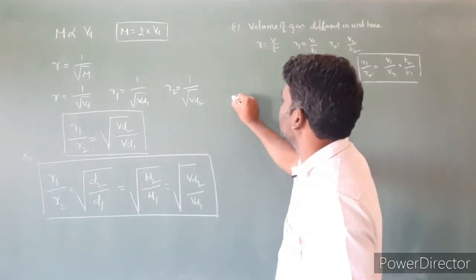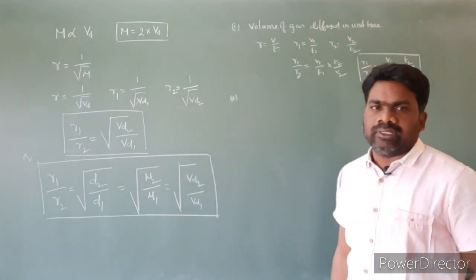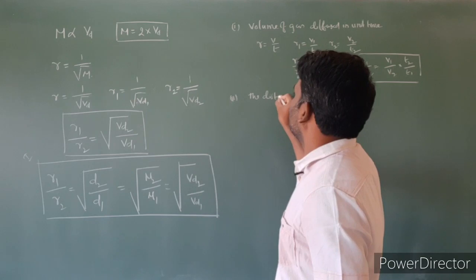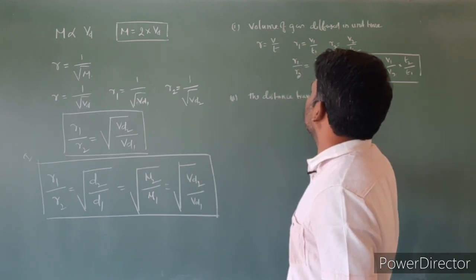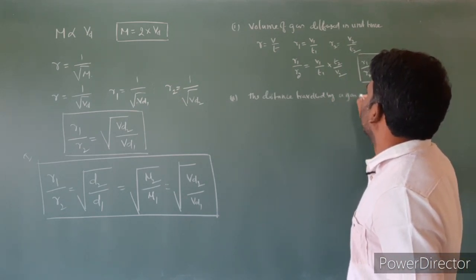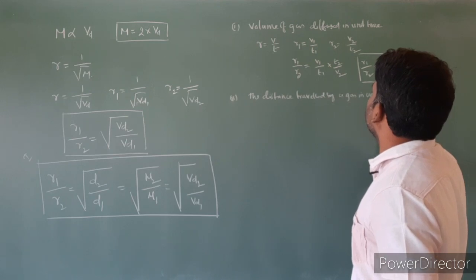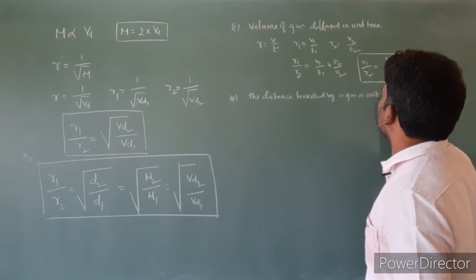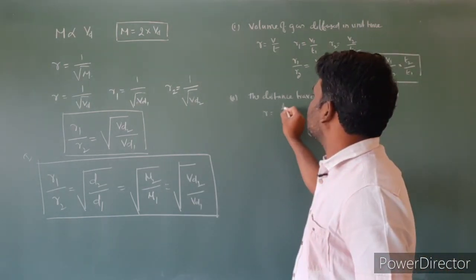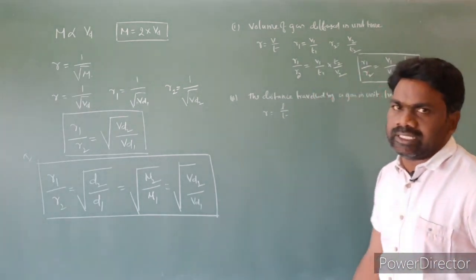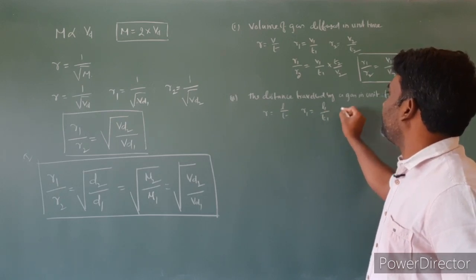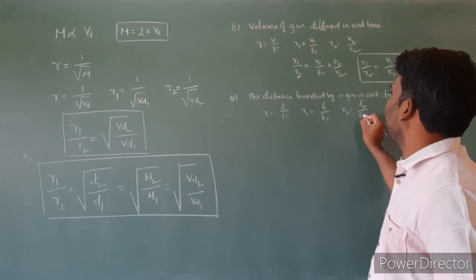Second one, the distance traveled by a gas in unit time. Then the formula is R is equal to L by T. Two different cases: R1 is equal to L1 by T1, R2 is equal to L2 by T2.